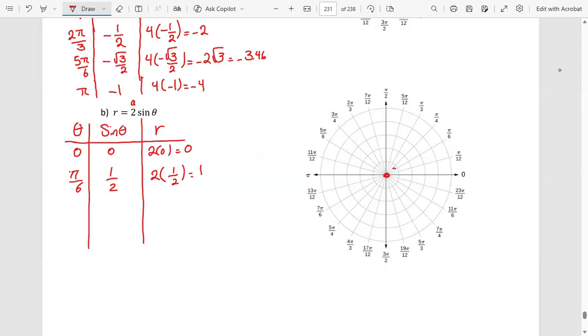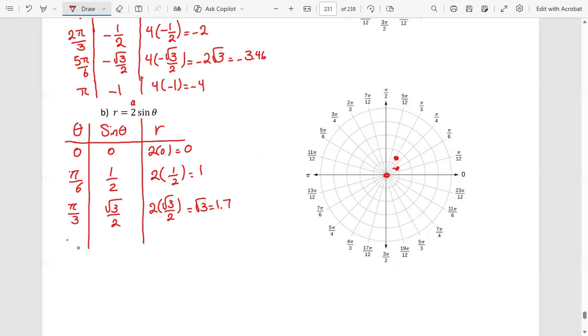So for pi over 6, we have 1. For pi over 3, I know that the sine of pi over 3 is root 3 over 2, and 2 times root 3 over 2 is root 3, which is 1.7. So for pi over 3, we have 1.7.